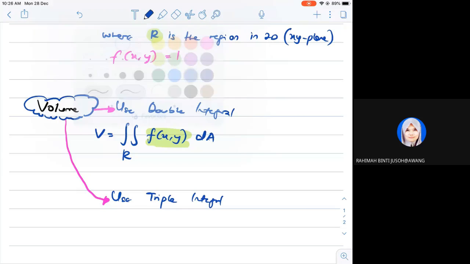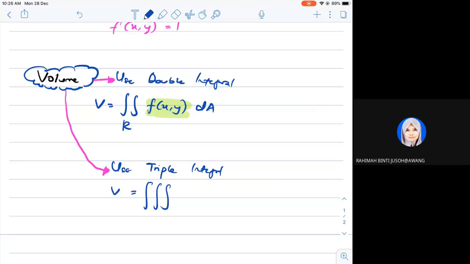The formula will be like this: V equals triple integrals towards region G. If we have triple integrals, our region must be G. G means the region is 3D.